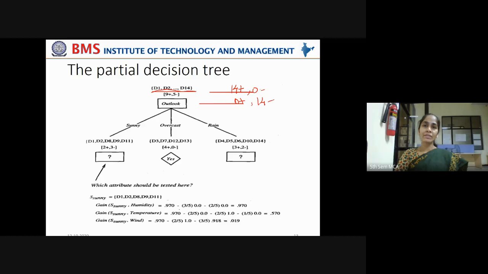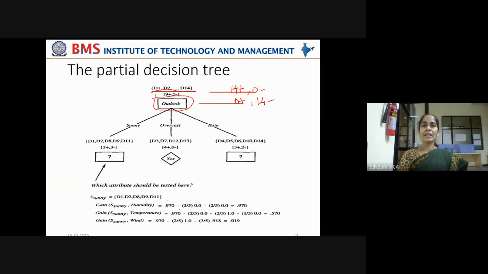So when does the problem start? When you have a good proportion of positive examples and negative examples, then your problem starts. Now, after calculating the information gain with outlook, humidity, temperature and wind, the ID3 algorithm found that outlook is having more information gain and is providing better classification, right?